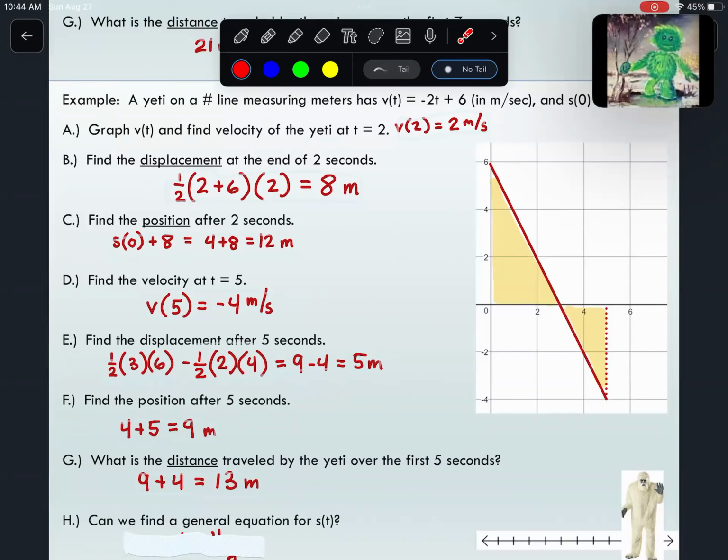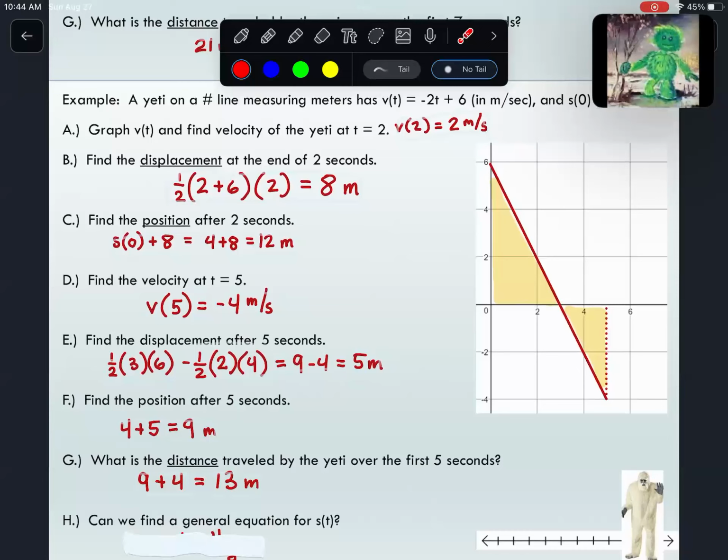So I'm moving 9 meters to the right and then 4 to the left. I'm still going to go 9 plus 4. The discrepancy between E and G is that my minus sign remains a plus sign when it's a distance calculation. So the total distance traveled was 13 meters, even though we only end up 5 meters away from where we started.